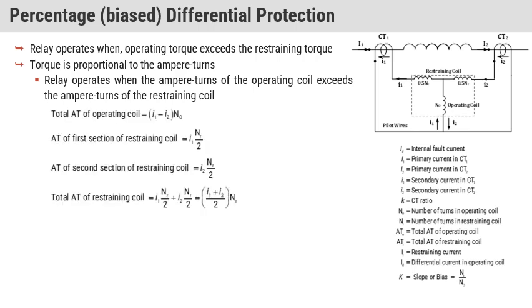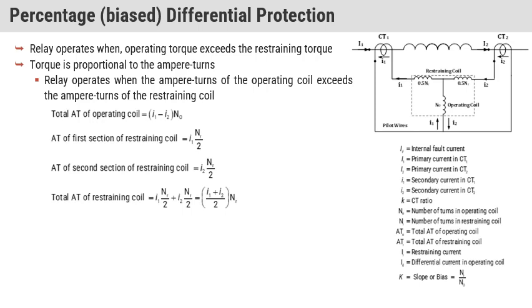This is the main difference. Torque is proportional to the ampere turns, so the relay operates when the ampere turns of the operating coil exceed the ampere turns of the restraining coil.